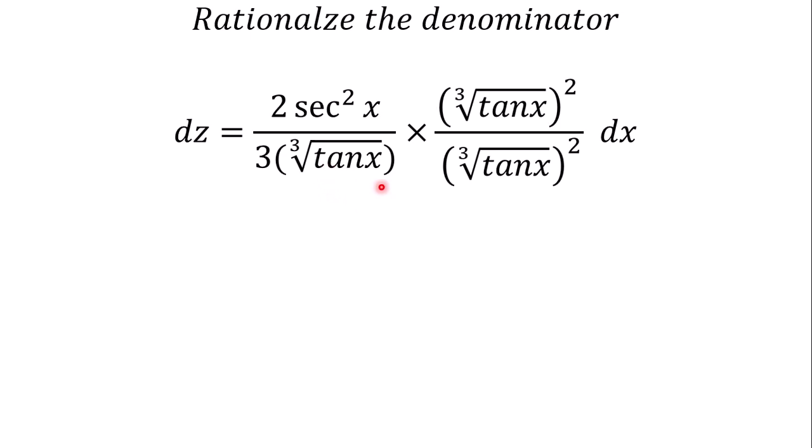Okay, so this times this will be 3, and that 3 will just cancel out with this one, so it will give us 3 times tangent x, and then this times this will give us 2 times secant x squared times cube root of tangent x squared.